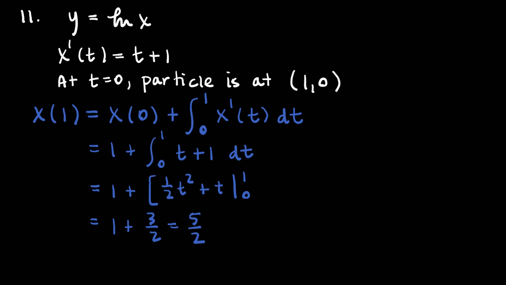So I know that the position vector at time t equals 1 is going to be x equals 5/2 and y is equal to the natural log of 5/2. Or you could say it's the point 5/2 and log of 5/2. That'll be 1.